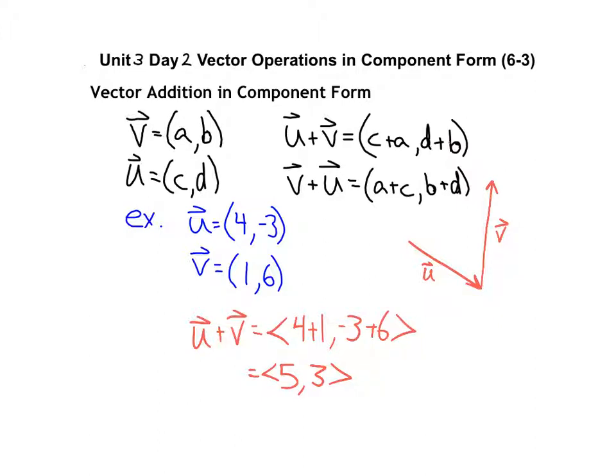So I know that if I were to draw this resultant vector again, this would be u plus v, and that would be my vector 5, 3. All right, does that make sense? Pretty simple.